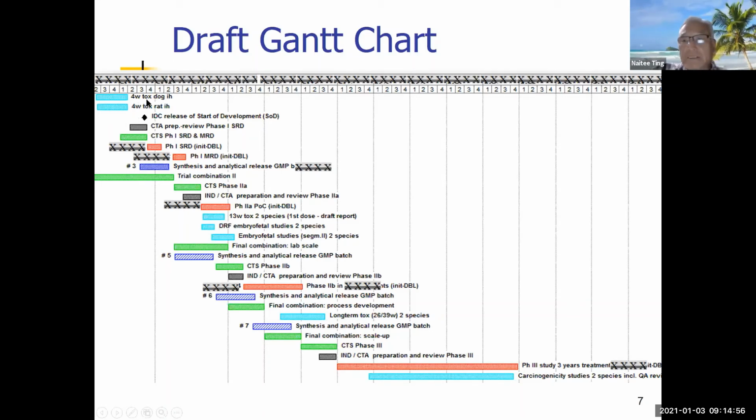So tox is a big part of preclinical study. Another big part of preclinical study is animal PK. So we will talk about PK, which is pharmacokinetics, in later slides. And PK really reflects how your body works on the drug. So same thing with animals.